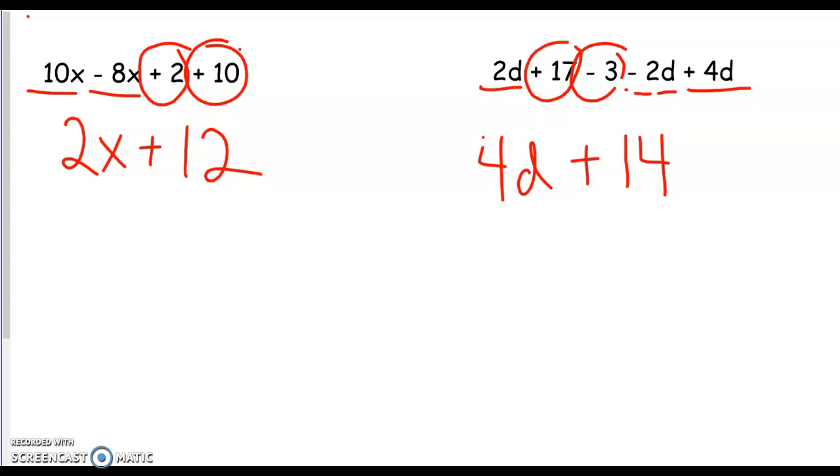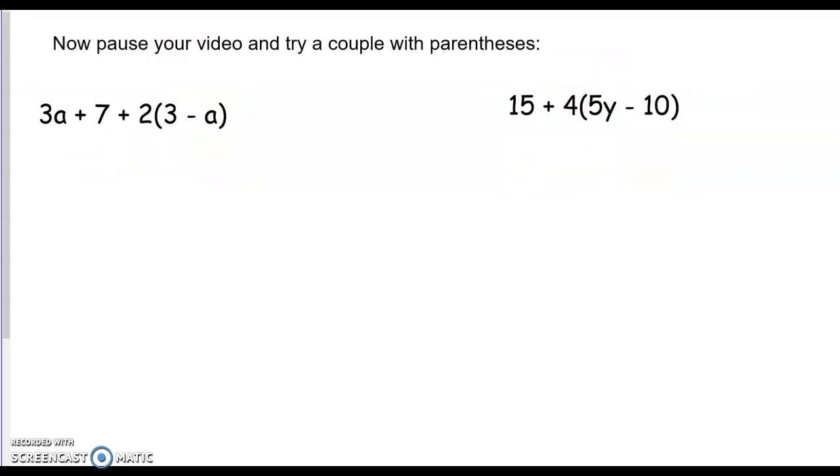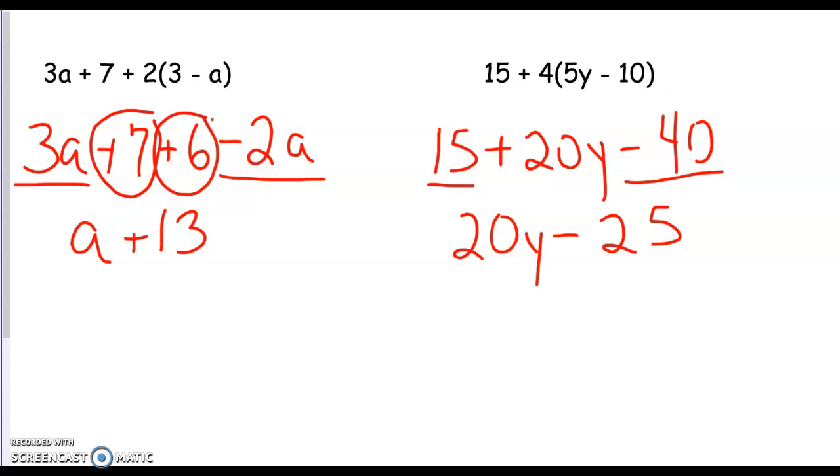Okay? All right, I want you to now try a couple that have parentheses. Remember, use your distributive property first and then combine like terms. So go ahead and give these a try. All right, let's see how you did. On the first one, we got rid of our parentheses and came up with 6 minus 2a.